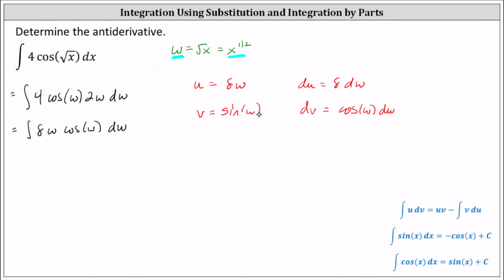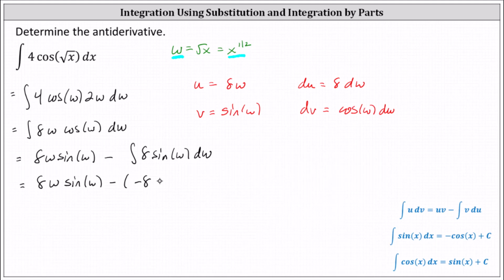And now I'll perform integration by parts. The integral of 8w cosine w dw equals u times v, which is 8w sine w, minus the integral of v du, which is 8 sine w dw, and the integral of 8 sine w dw equals negative 8 cosine w plus c, giving us 8w sine w minus negative 8 cosine w plus c.